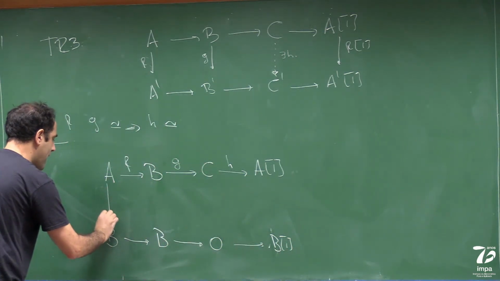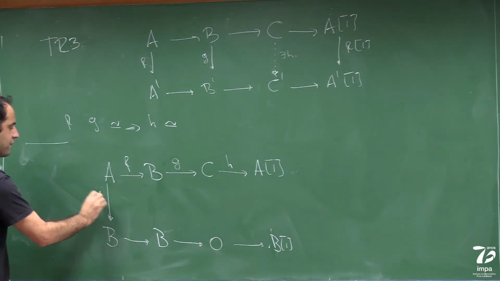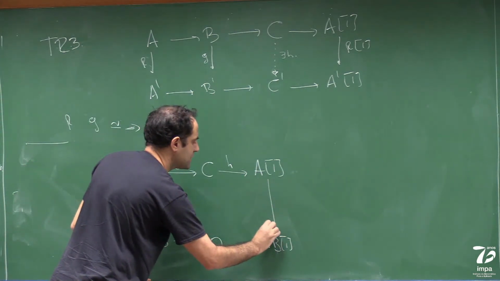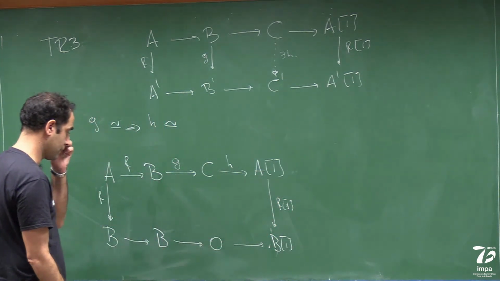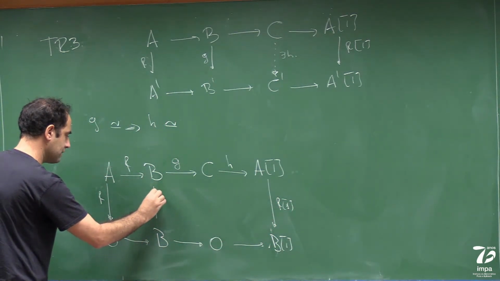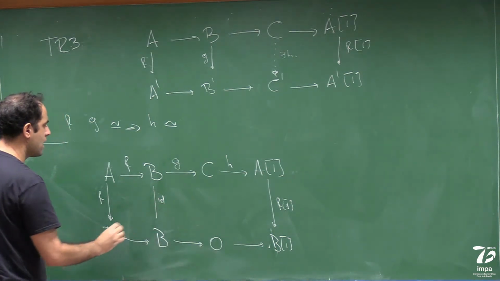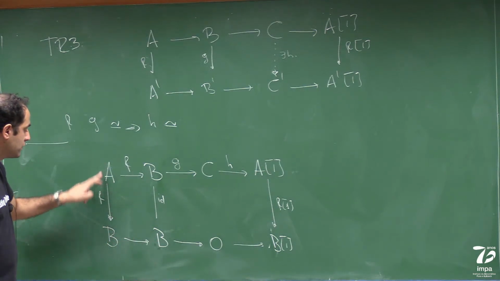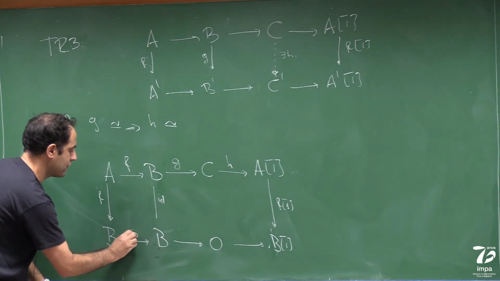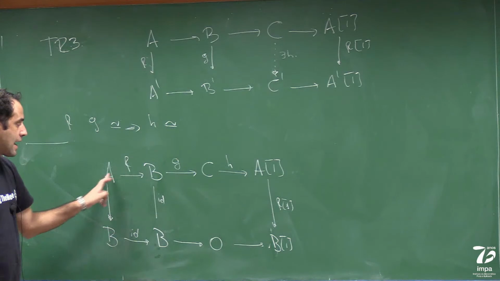So now here we have a map, which is F. Here we have a map, which is F shifted by 1. Here we have a map, which is the identity. And if I go this way, I am applying F from A to B. And if I go this way, I am applying F from A to B. So this diagram commutes here.